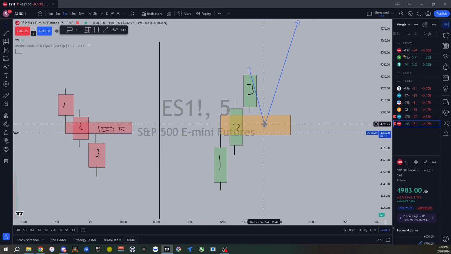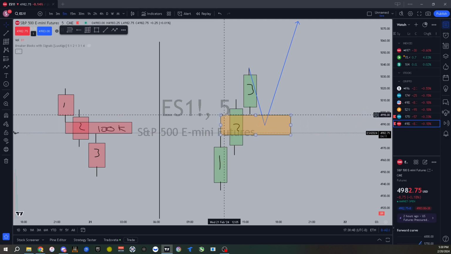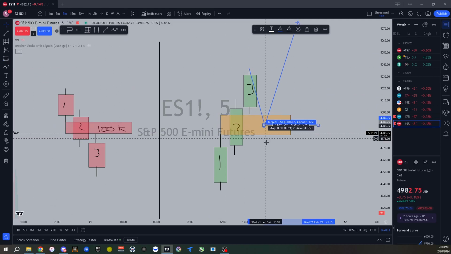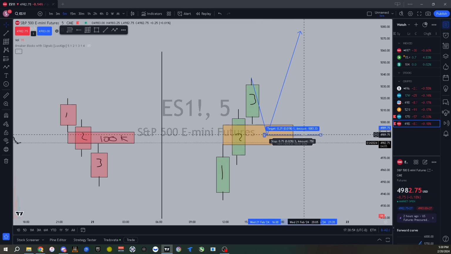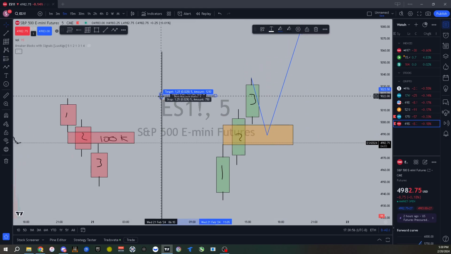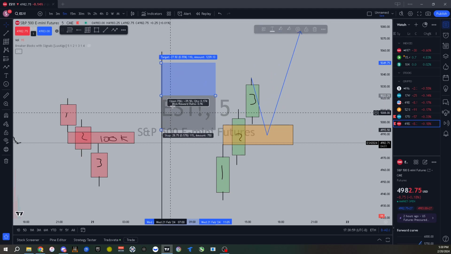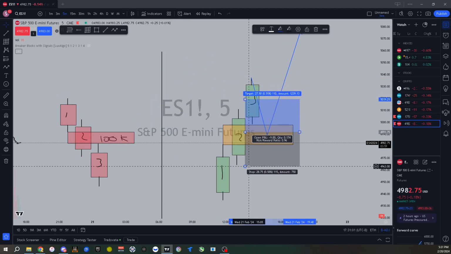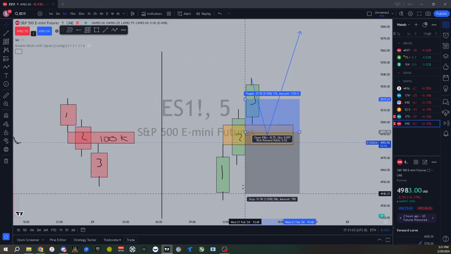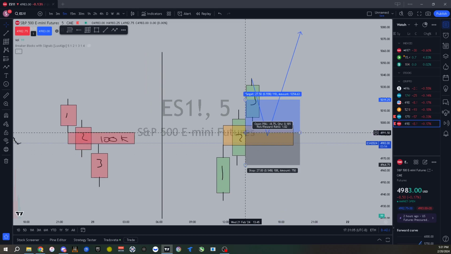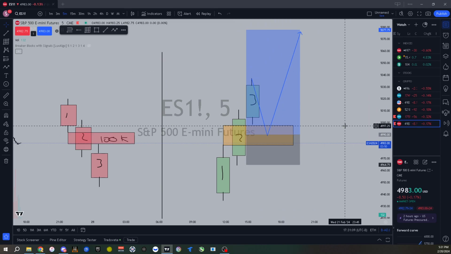That's where I mostly place my orders, but sometimes I'll place my orders at the very top of the box. So if I was to go long here, this is what it would look like. You place your stop, here's your entry in the middle, and you're targeting the next drawn liquidity. Pretty simple, pretty straightforward.